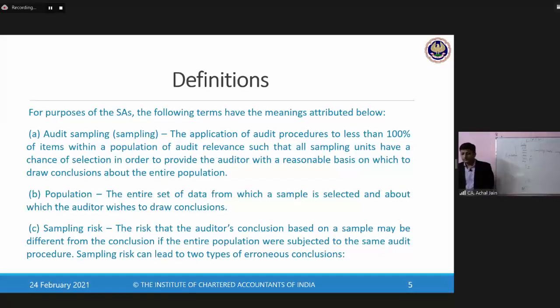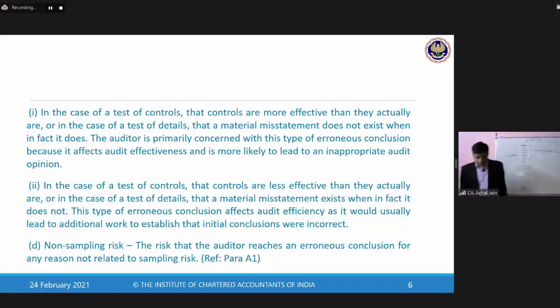Number one, in case of tests of controls, meaning tests of internal controls of the company, in case those are tested, controls are more effective than they actually are, or in the case of tests of details, that a material misstatement does not exist when in fact it does.